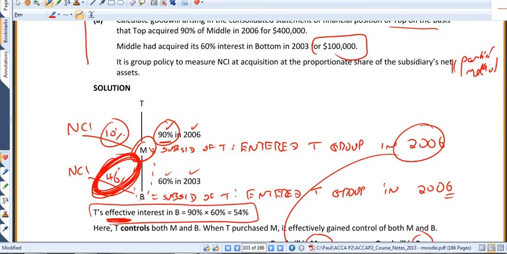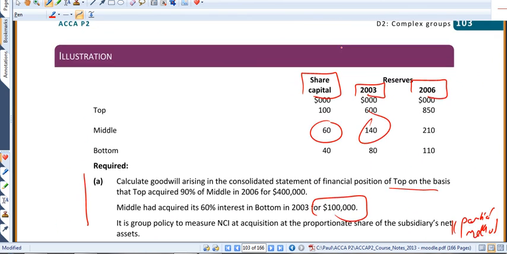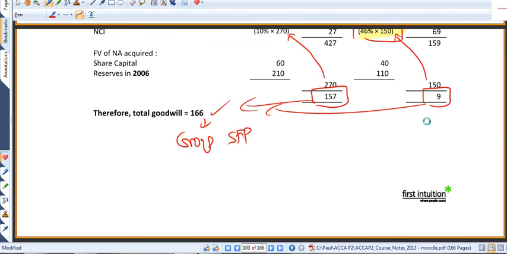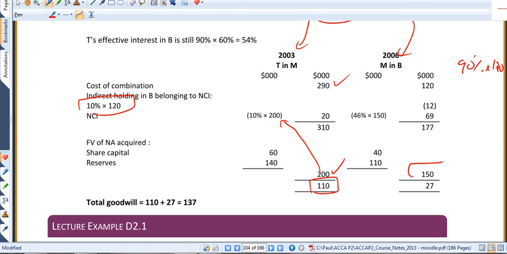Well, again, using the table on the previous page, in 2006, bottom would have had share capital of 40 and reserves of 110. Bottom would have been worth 150.